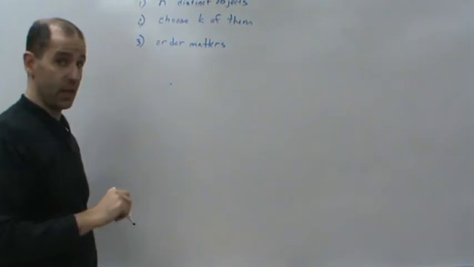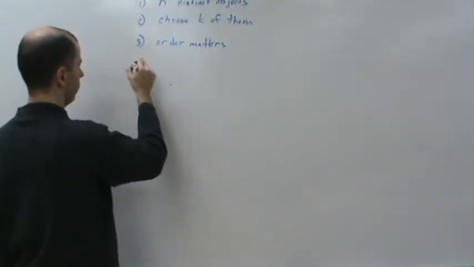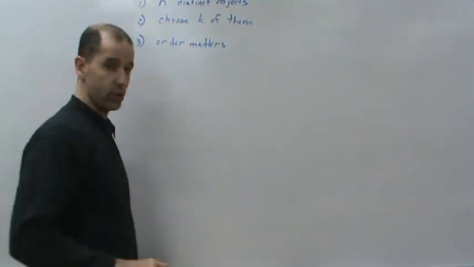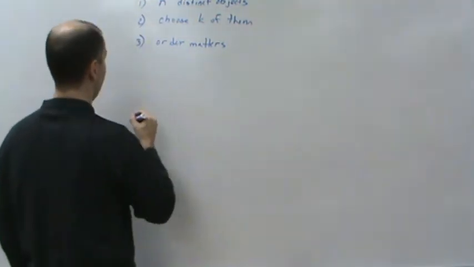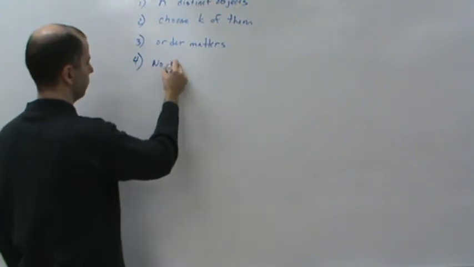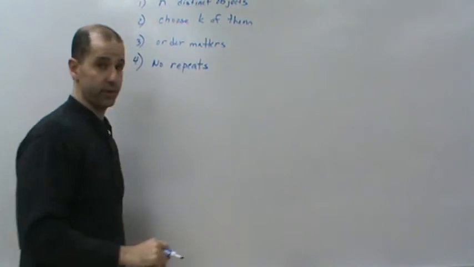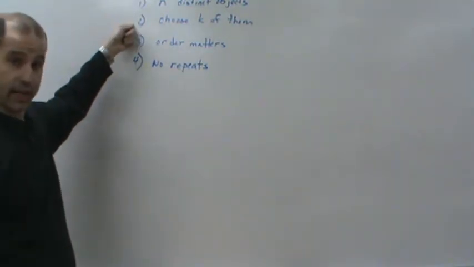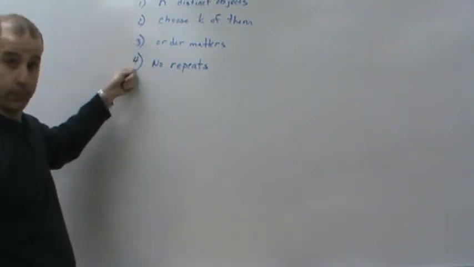Then it's a permutation. Oh, and by the way, 4 is no repeats. So that's the 4 things. So we have n distinct objects, we're going to choose k of those objects, order matters, no repeats.